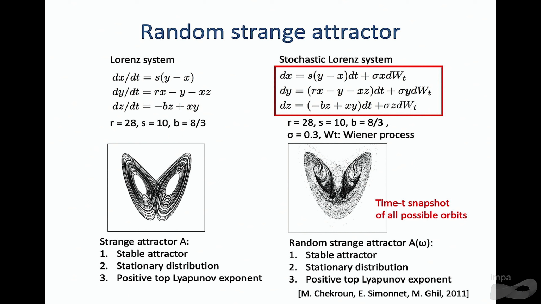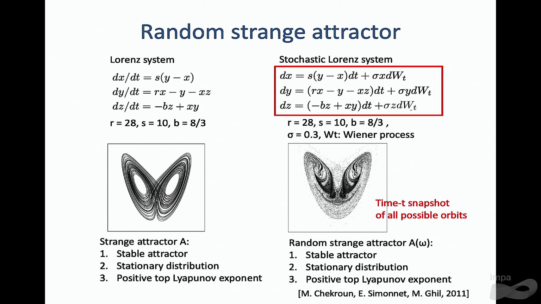It's called a random strange attractor in mathematics, and stochastic chaos in physics as a phenomenon. The definition of this chaotic attractor is similar to the deterministic case. In the random case: a stable attractor, a stationary distribution, and a positive top Lyapunov exponent. This is a temporary definition so far. And this attractor is called a pullback attractor.